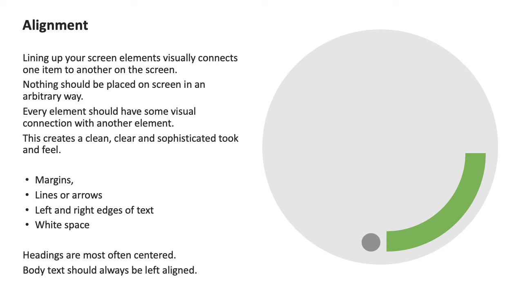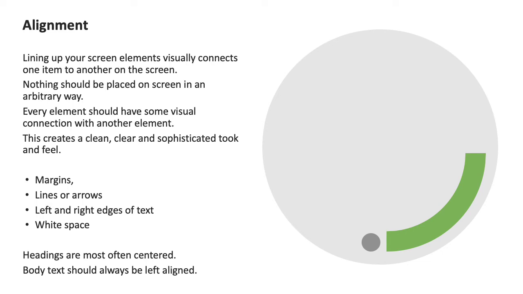However, typically it's easier to understand and see things if they are in pretty close vertical and horizontal alignment. So alignment lines things up, which connects things visually, which adds meaning, means these things are connected, lets the eye flow easily from one thing to the next.